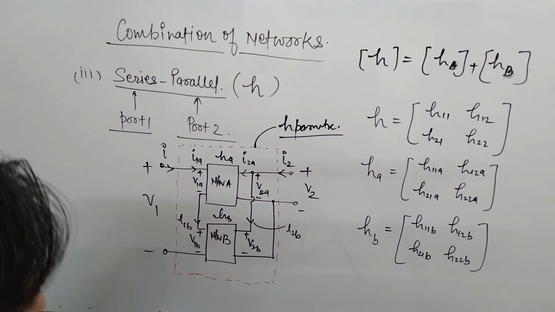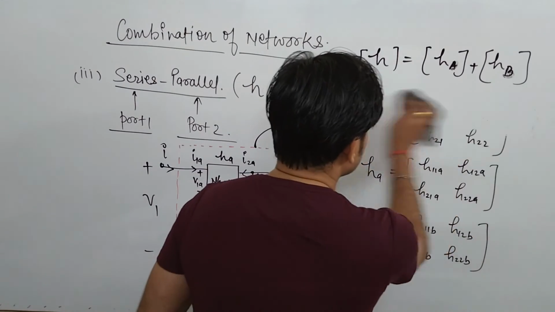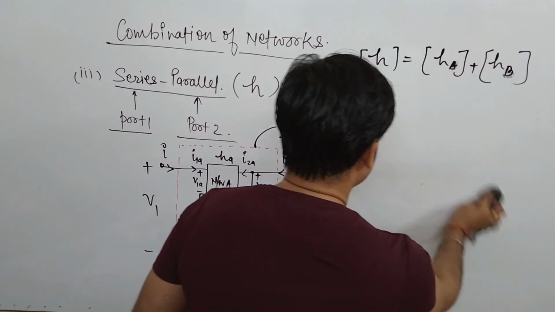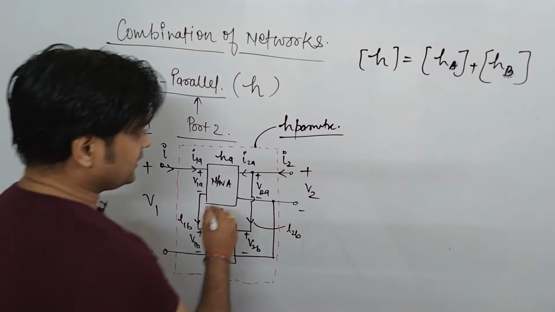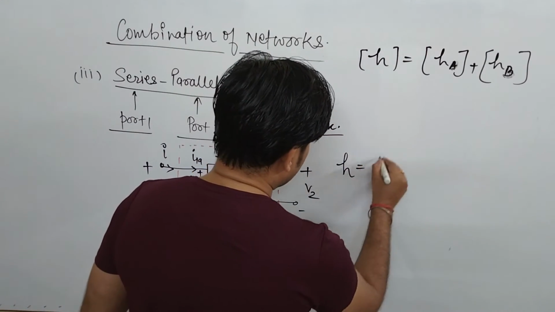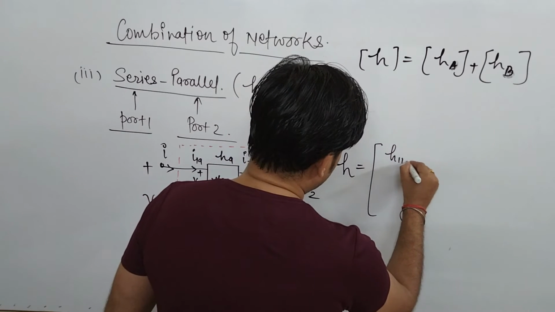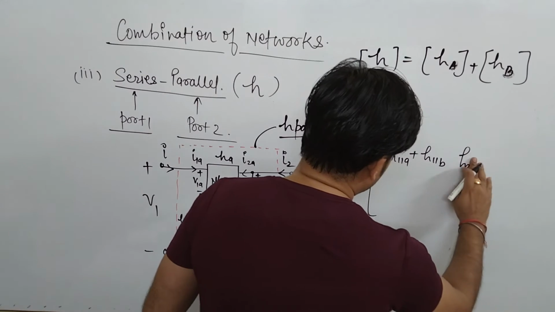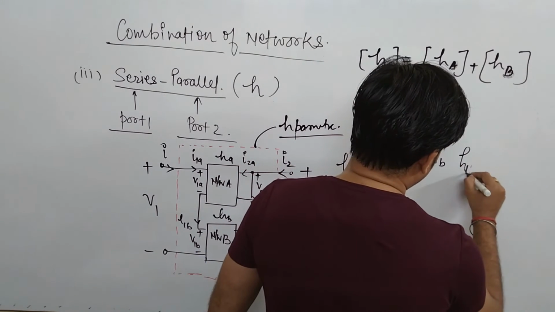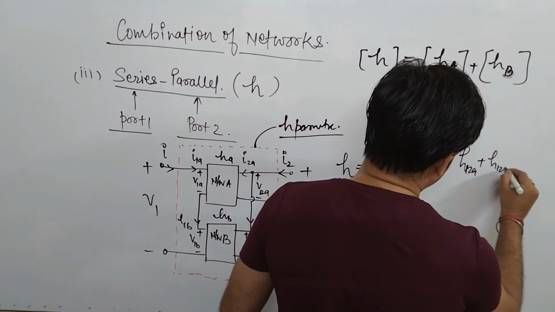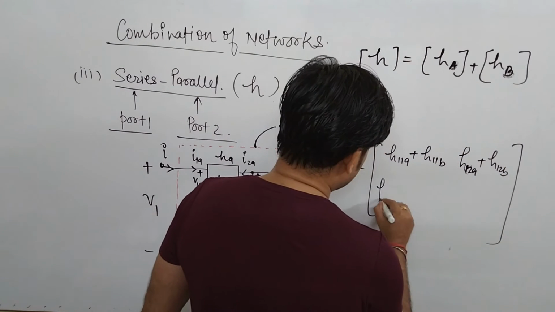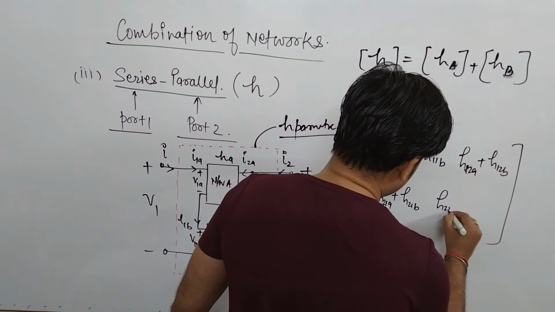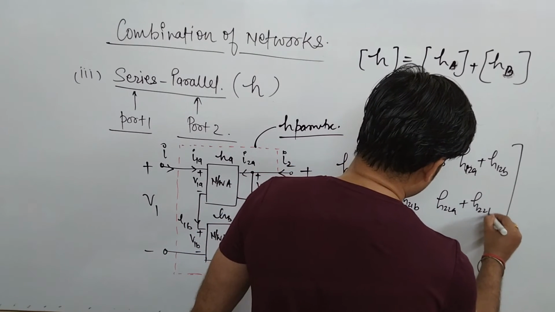So the final H parameter of this network is H11A plus H11B, H12A plus H12B, H21A plus H21B, and H22A plus H22B.